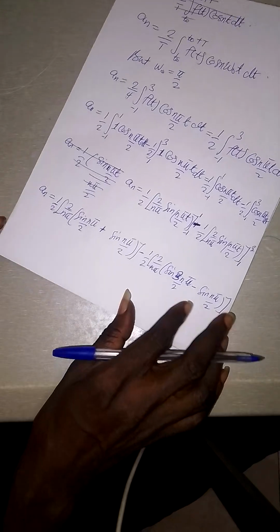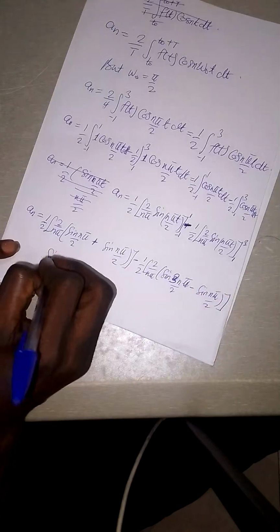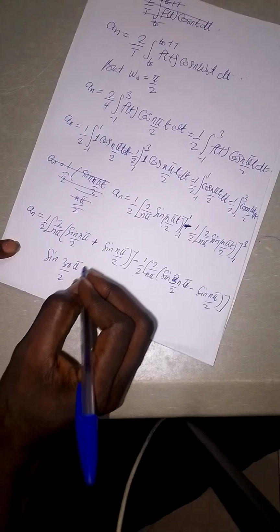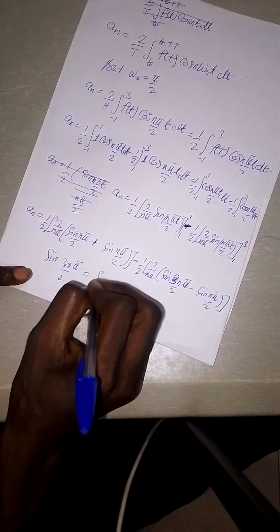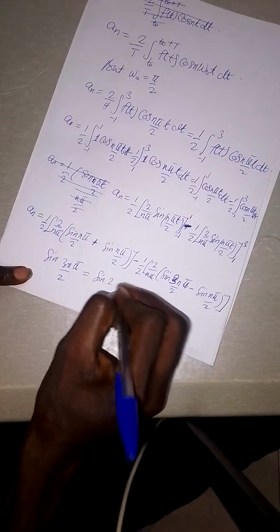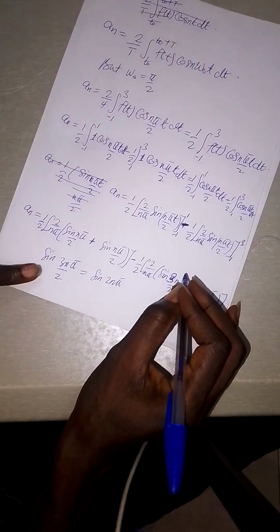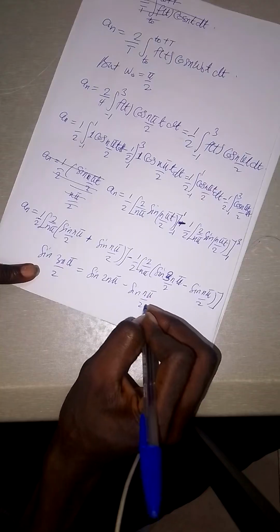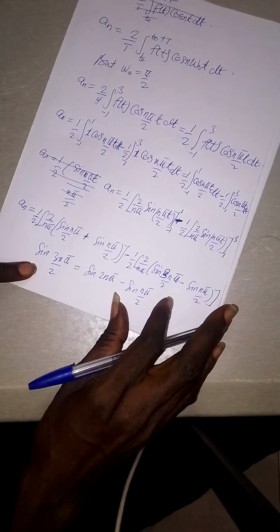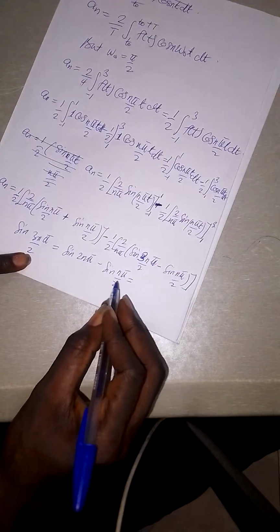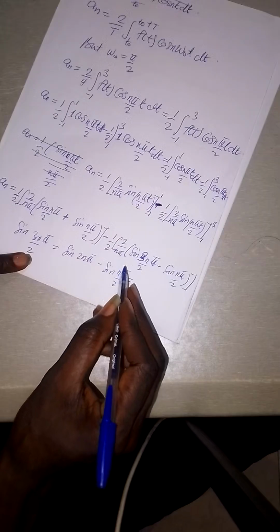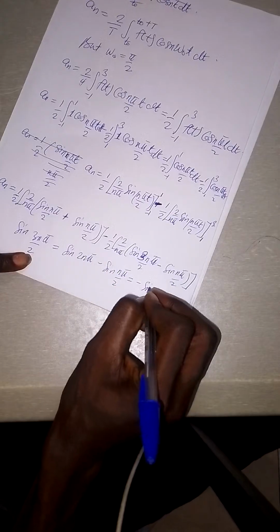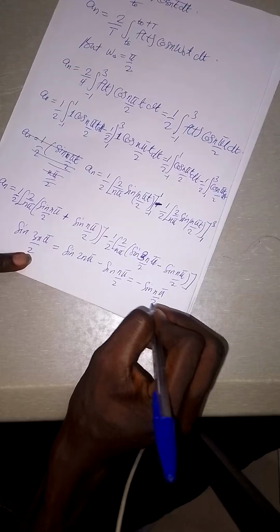But from our knowledge in trig, we know that sine 3n pi over 2 is equals to sine 2n pi minus sine n pi over 2. But in the third quadrant, it is actually equals to minus sine n pi over 2.